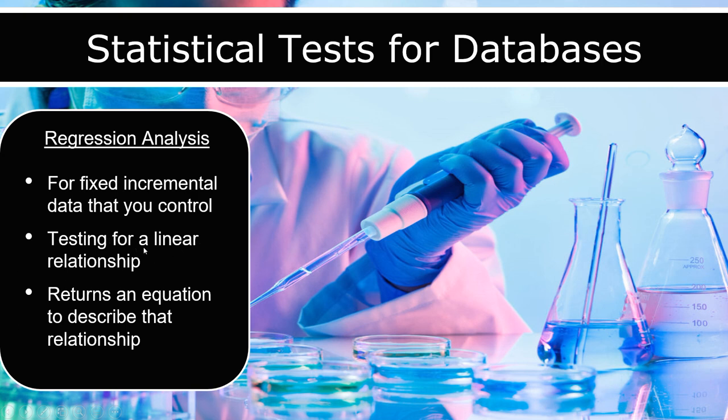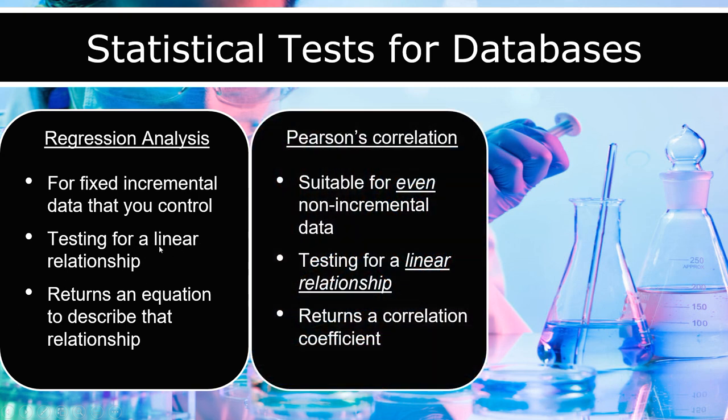And what it will return is an equation to describe that relationship. Another one is the Pearson's correlation, and it's suitable for quote-unquote even non-incremental data. So things like the median household level, where it's not by dollar amount going up, but it is sort of evenly distributed. And this one is again testing for a linear relationship and will return a correlation coefficient.